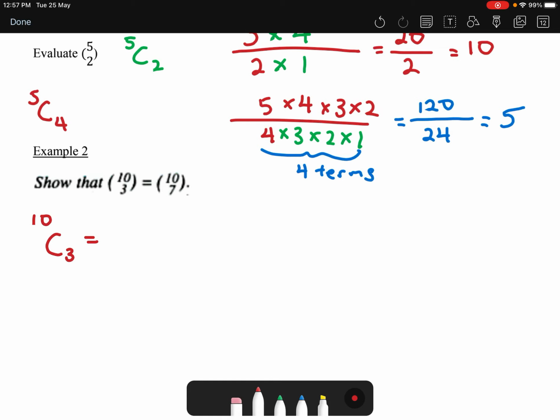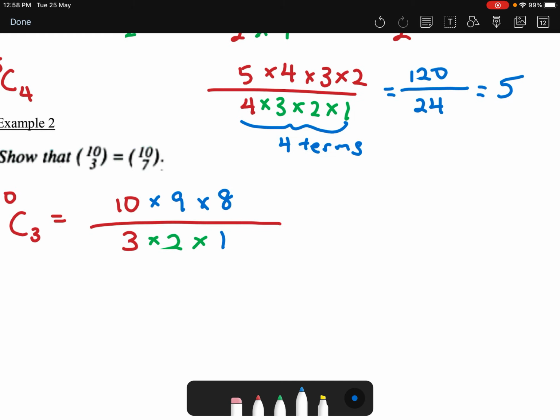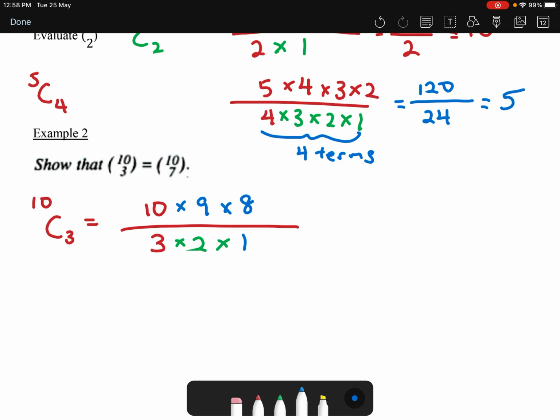The bottom is 3 factorial, which is 3 times 2 times 1. So there are 3 terms, and the top must also have 3 terms. So 10 times 9 times 8. This is your term.